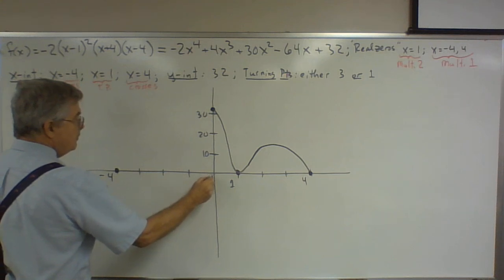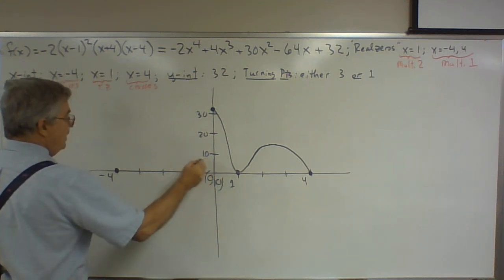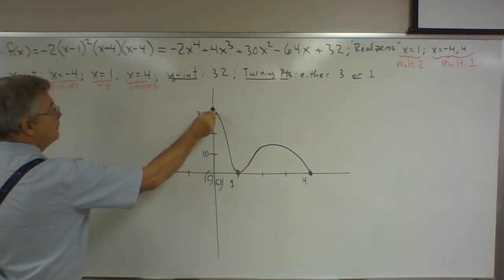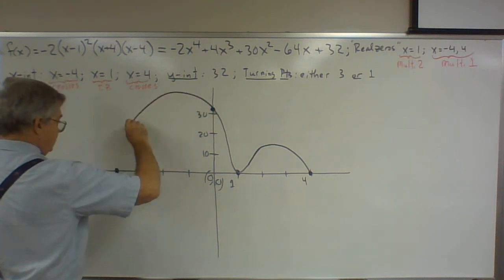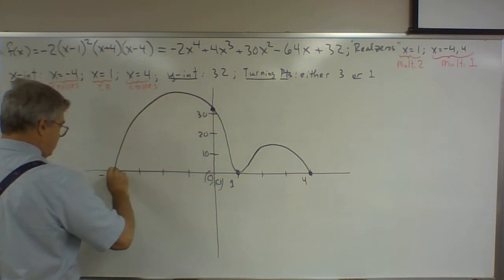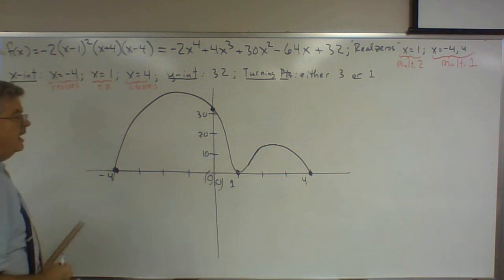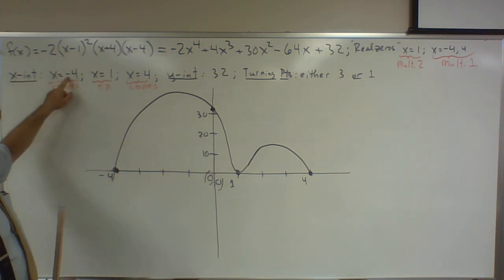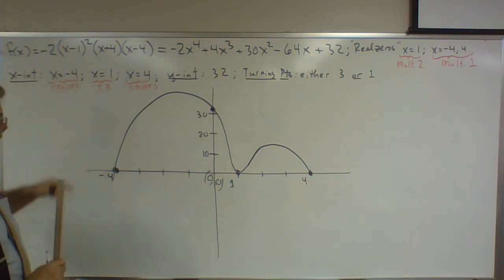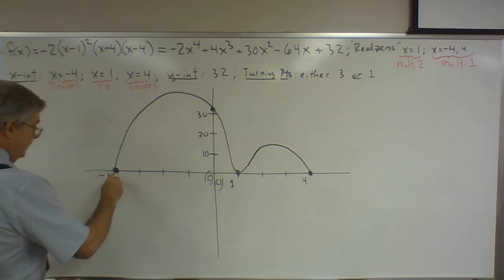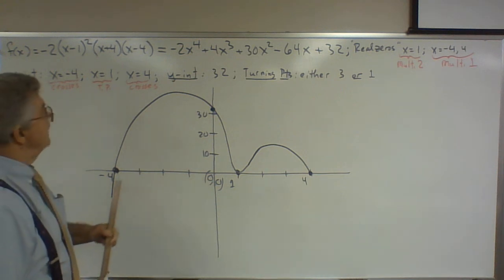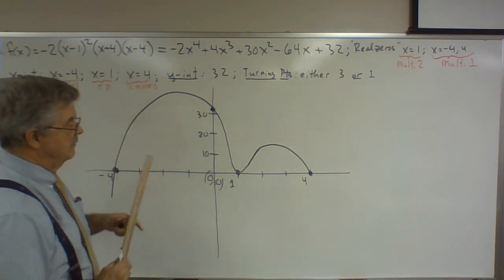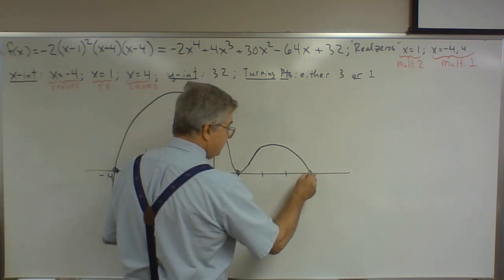So somewhere between the origin and x equal negative 4, the graph turns around. And it crosses the x-axis. At x equal negative 4, the graph crosses. At x equal positive 4, the graph crosses.